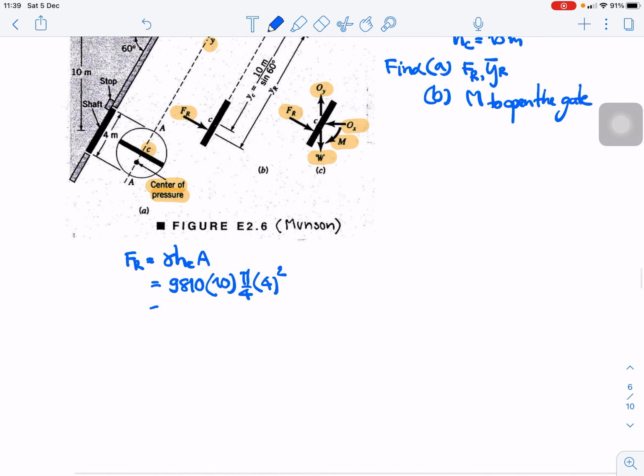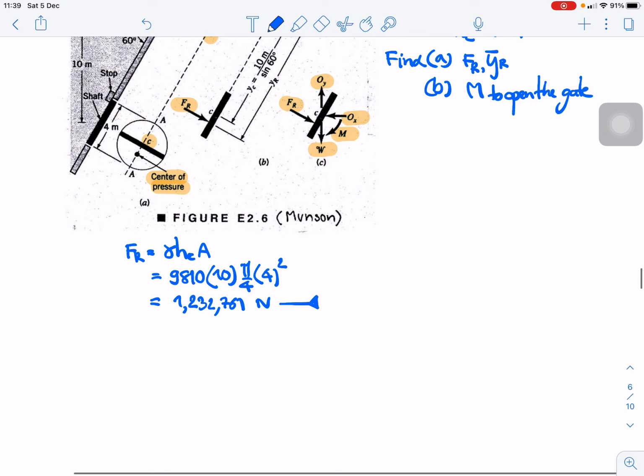So we can estimate that the resultant force is about 1,232,761, about 1,232,000 Newtons.